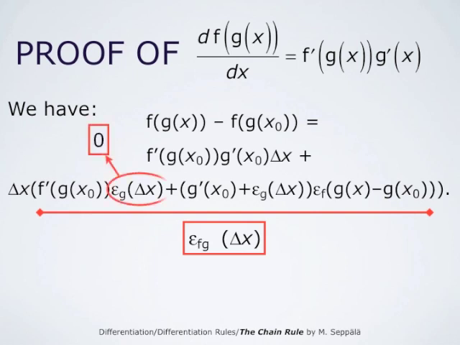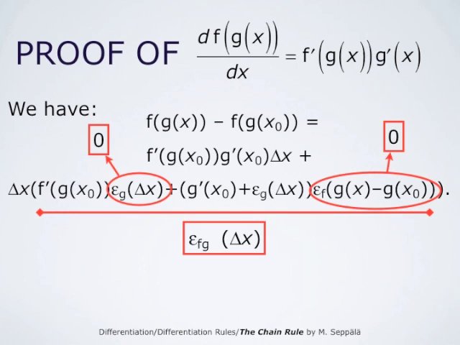So we observe that, first of all, since g was differentiable, the epsilon function for g, epsilon g delta of x approaches 0 as delta of x approaches 0. Also, since f is differentiable, the quantity epsilon f at g of x minus g of x0 approaches 0 as delta of x approaches 0.